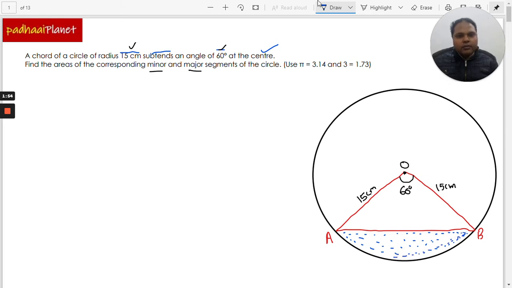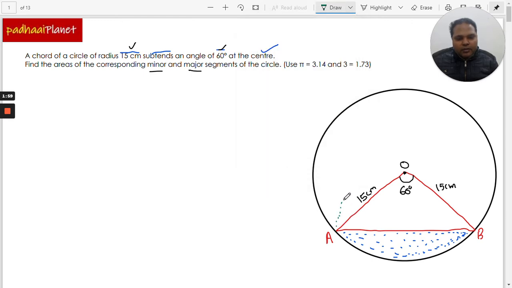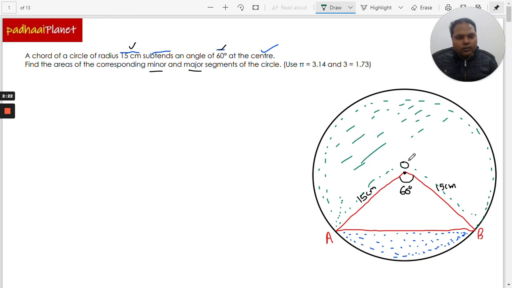Similarly, the major segment is this entire part. So I think it's clear now.